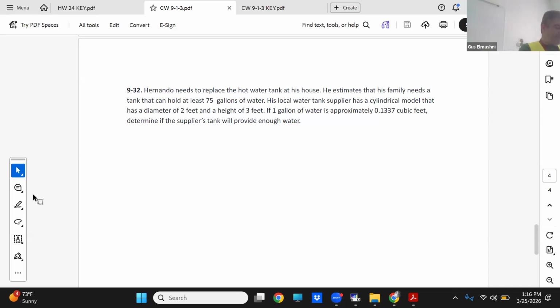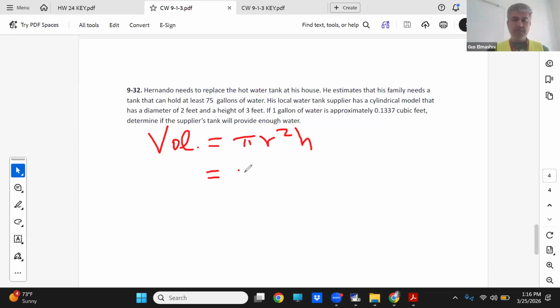Remember, volume is this. If D equals 2, what's R going to equal? 1, yeah.